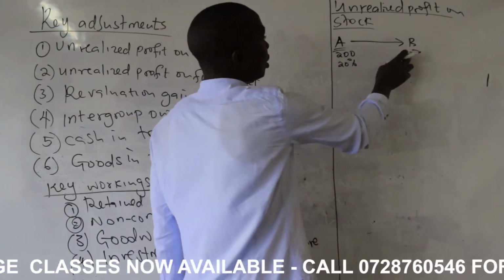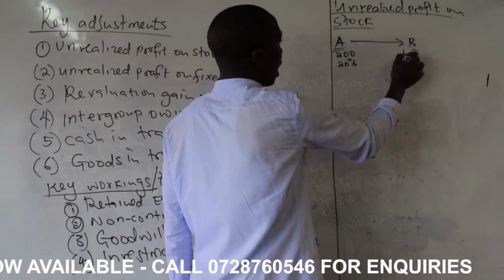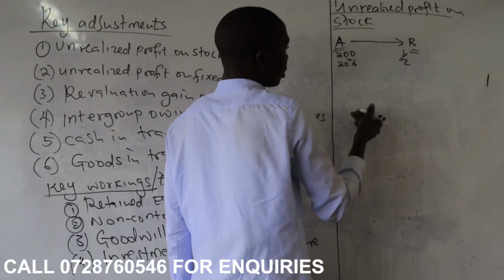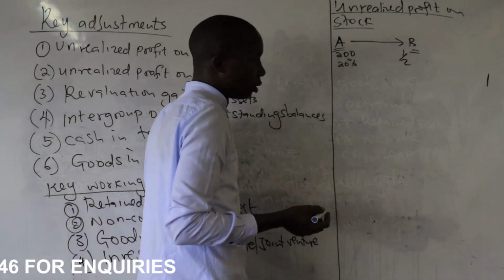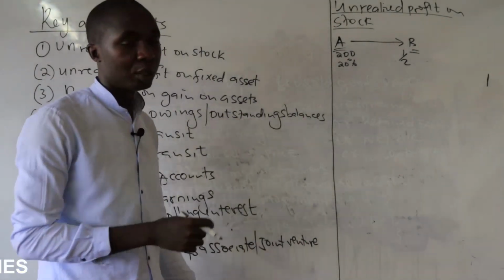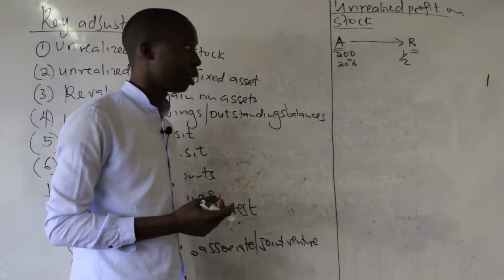Then B sold half of these goods, which means half of the goods A sold to B are unsold by the end of the year.